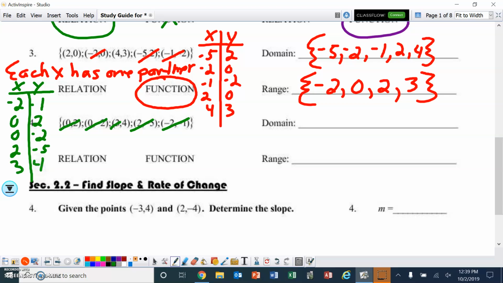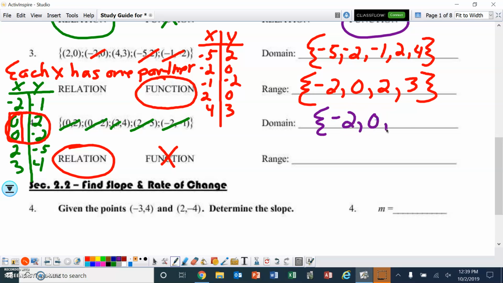All right, so looking at this, I see that this x value 0 has two partners, so it is not a function, but it is a relation. All right, so the domain would be the x values. Again, I'm going to go in order, and I'm not going to repeat, so -2, 0, 2, 3.